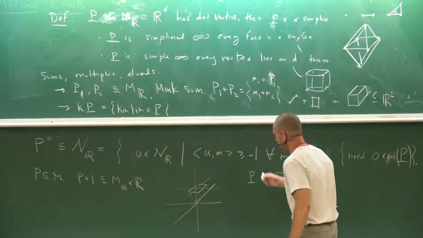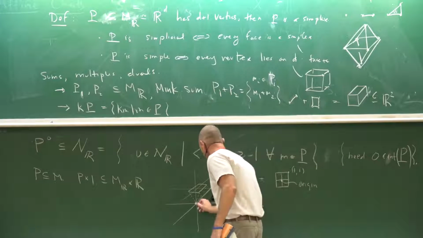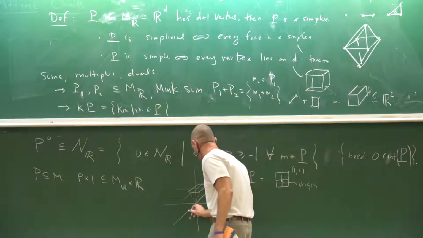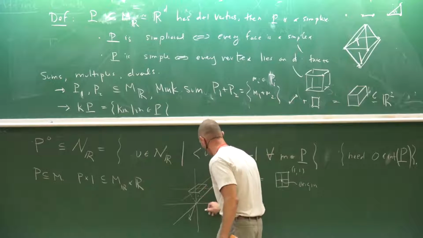And then what I do is I look at the outward pointing facet normals to this thing here. This one is going to go like this and hit right here. And similarly, this one's going to hit over here.